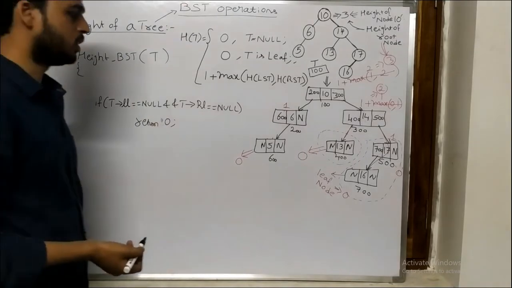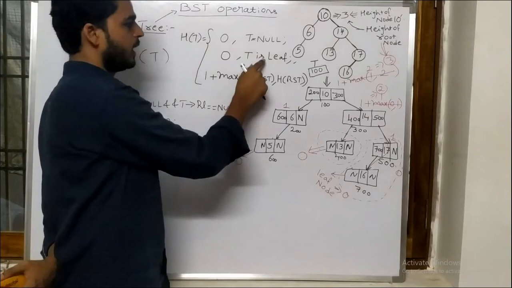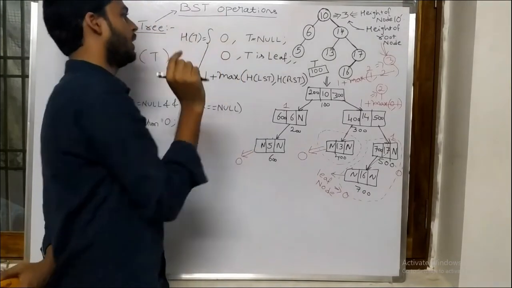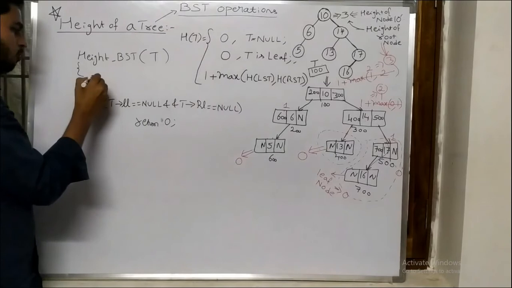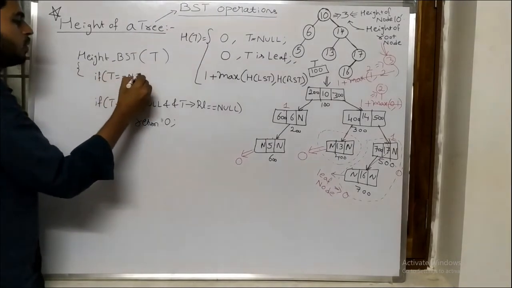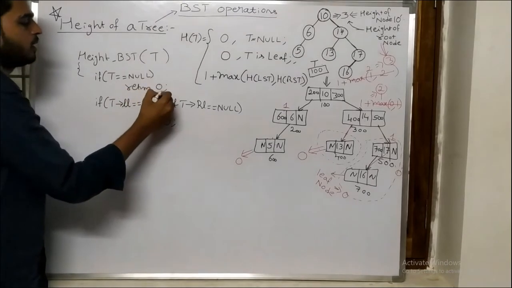Otherwise, if it is not a leaf node, it can be a null node. If it is a null node, I write if T double equal to null, then also I can simply return 0.